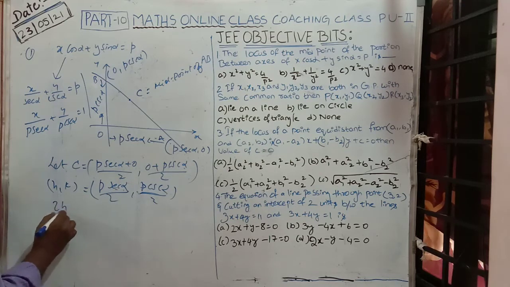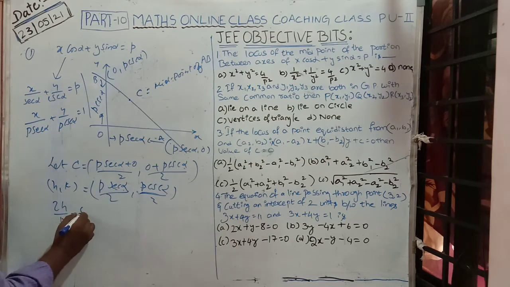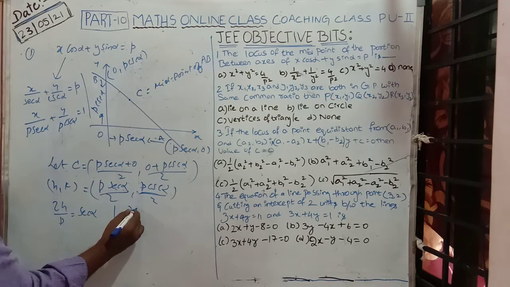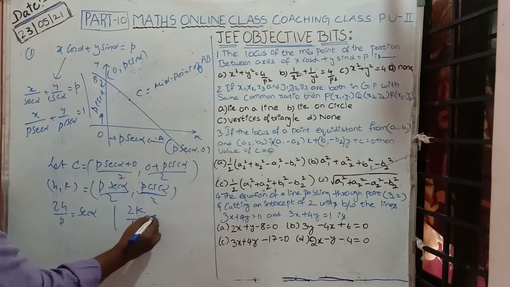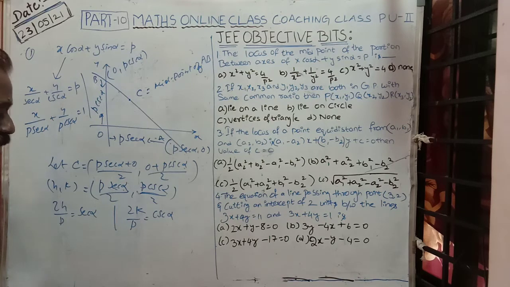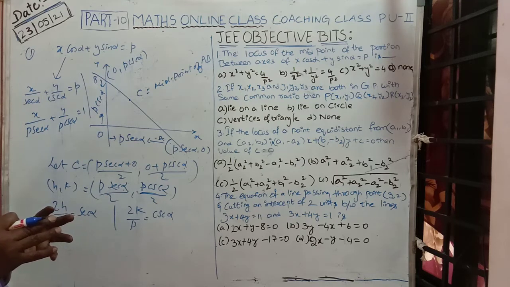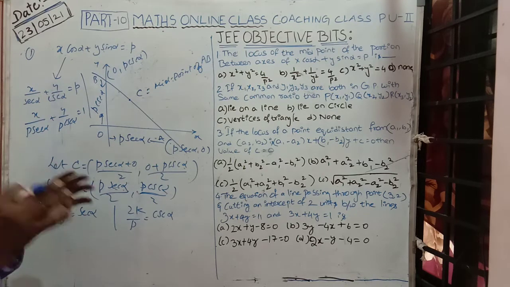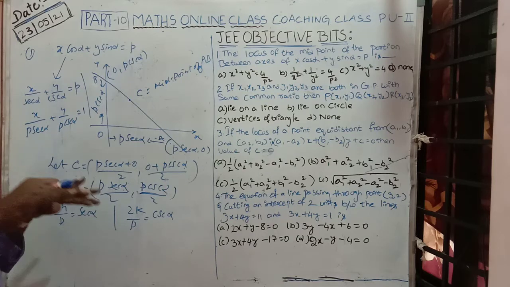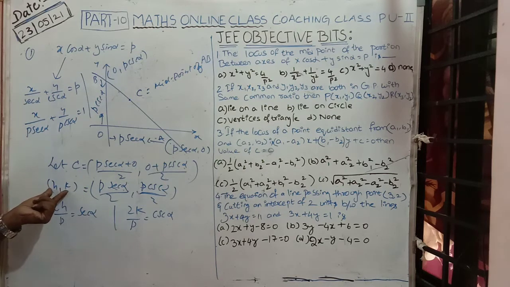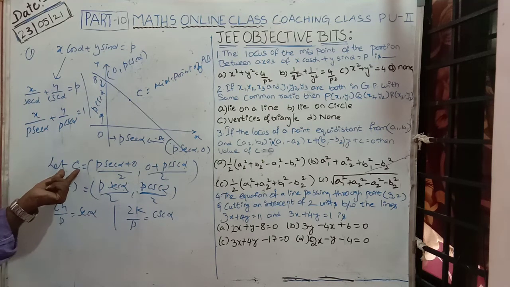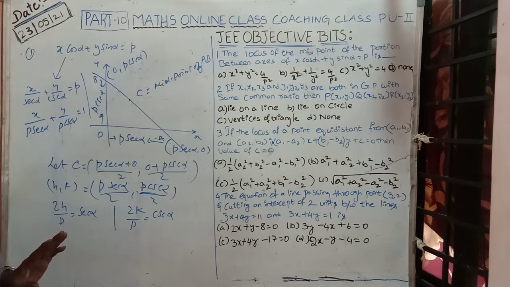Now this is 2h by p is equal to secant alpha. 2k by p is equal to cosecant alpha. Locus means, with a condition we have to get an equation with variables h and k, where h, k are the coordinates of C. That is the main concept.